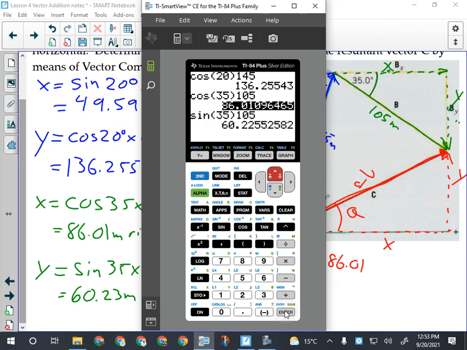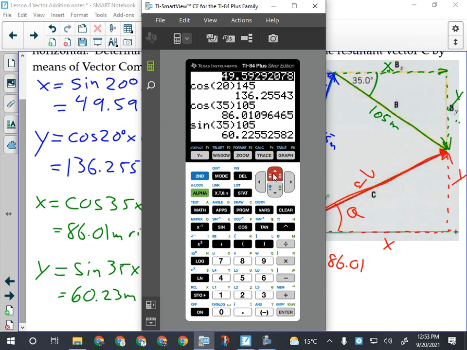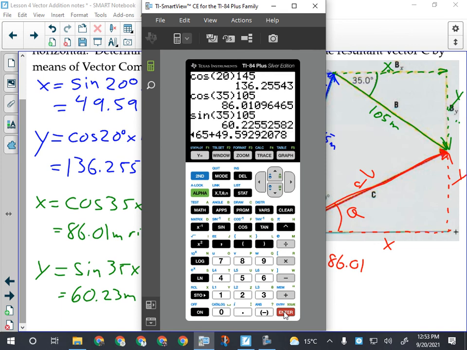So I'm going to go with that one plus that one. Okay, that will give me my overall x component. So in total, over this trip, the object goes 135.603 meters to the right, or along the positive x-axis.